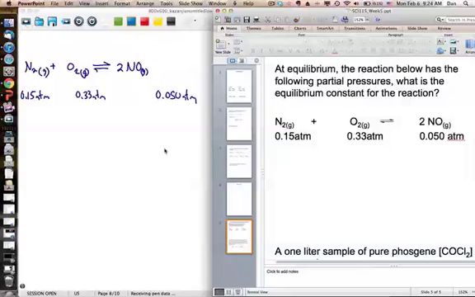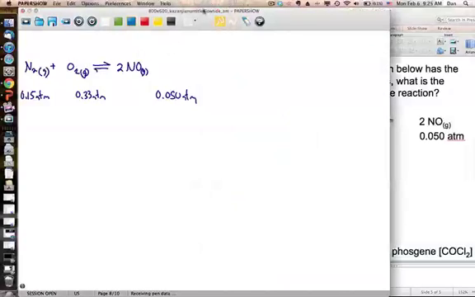And we can use those values to determine the equilibrium constant. Once we know the equilibrium, we can just use Kp in this example. Though Kc would also work, Kp is probably more beneficial for us because it's all set up.